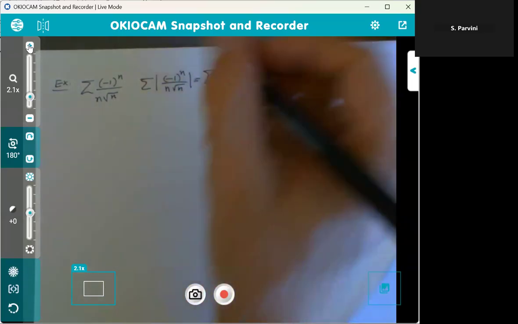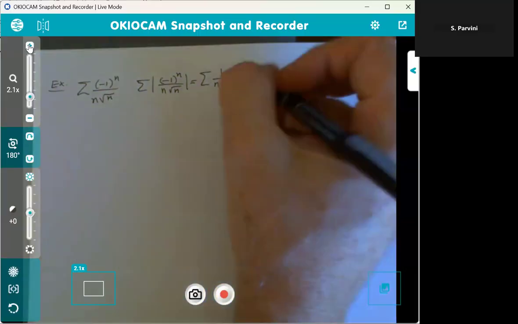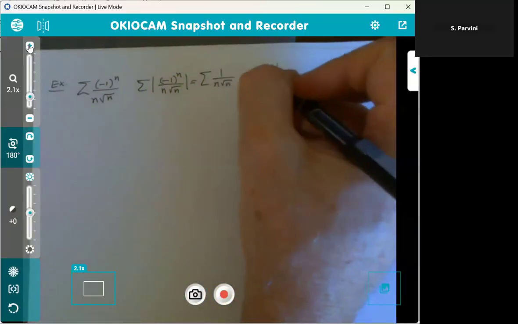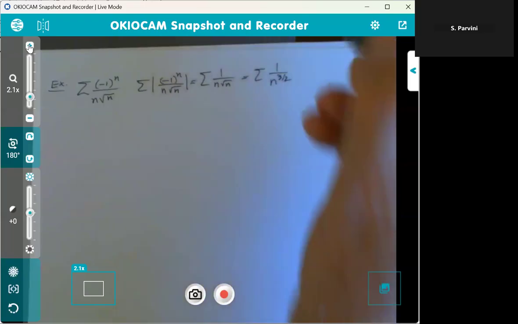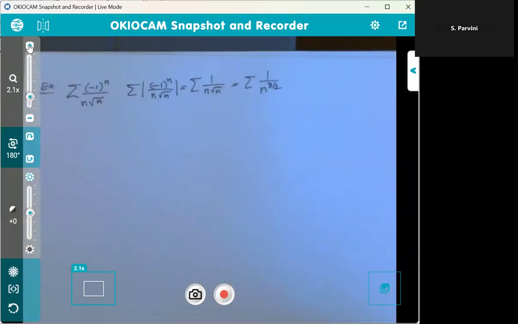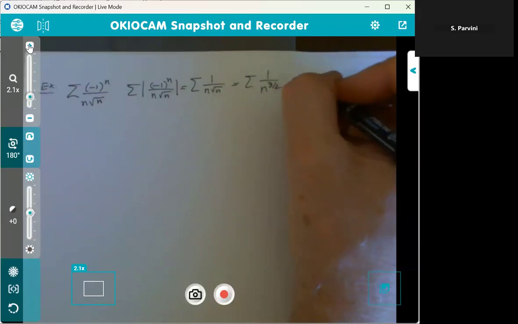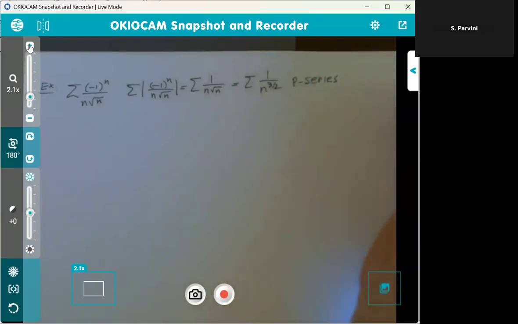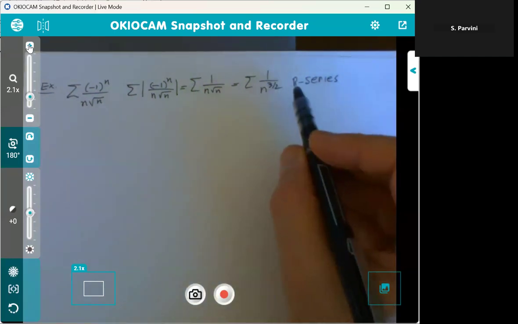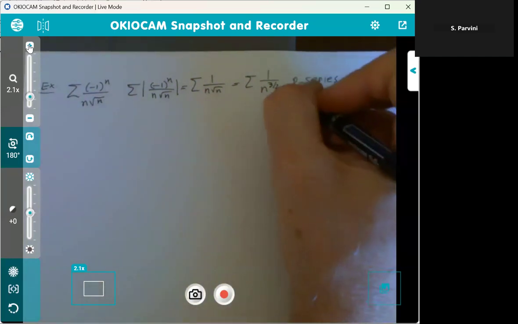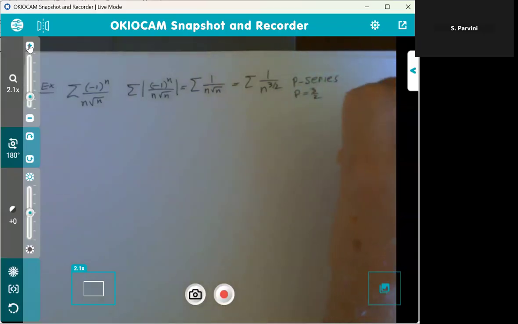True? And 1 over n root n is simply 1 over n^(3/2). This series, we recognize as a p-series, also called a hyperharmonic series. And for this one, p is 3/2, which is greater than 1. Therefore, it converges.